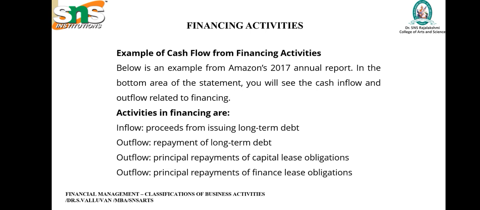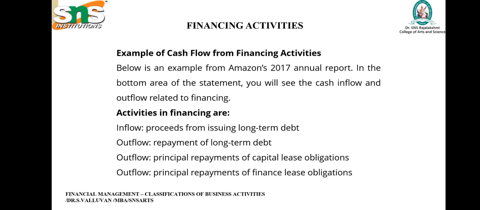Say for example, a company might borrow from a bank for a long-term purpose, or else the company may issue a bond, it may be a 10-year bond, a 20-year bond or a 30-year bond. Through issuance of bonds, the company raises funds. So in both cases, cash is coming inside. So it's inflow.